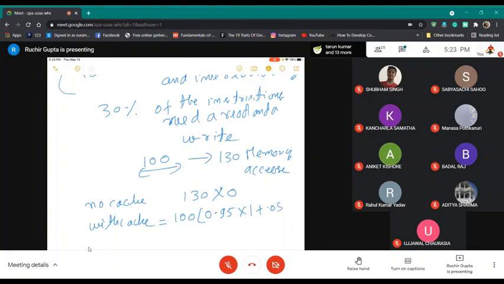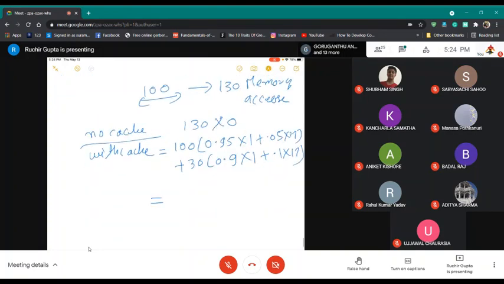We have already computed this 17 earlier. Plus 30 times 0.9 multiplied by 1 plus 0.1 multiplied by 17. If we divide the no cache and with cache figures, that comes out to be 5.04. So with 90% and 95% hit rates, you get as much as 5 times better performance in the presence of cache and interleaved memory. Does it make sense?